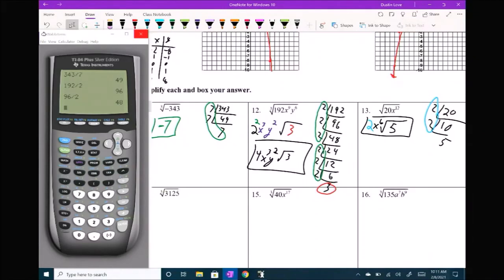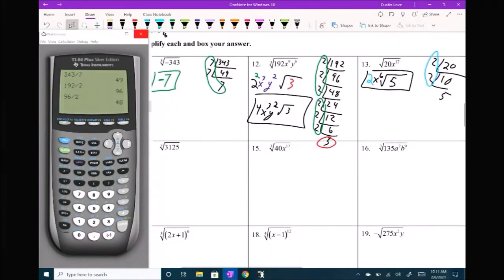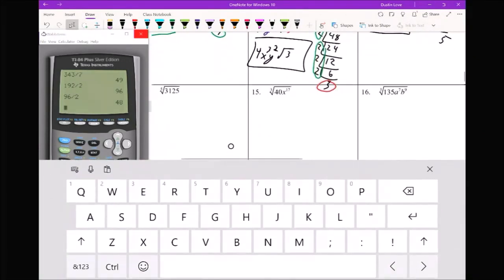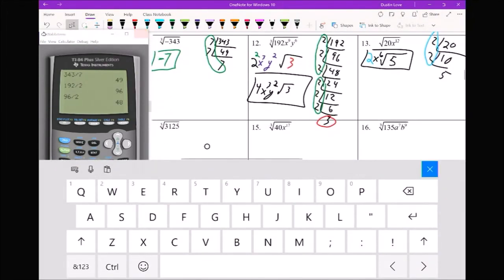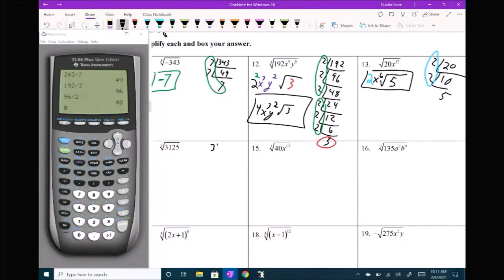Okay, number 14 is just a set of numbers. So we've got a 5th root there. Okay, 3125. 2 does not go into it because it's not even. Let's try 3 just to see. 3 does not, so we're going to start going to 5s. 3125 divided by 5 is 625.